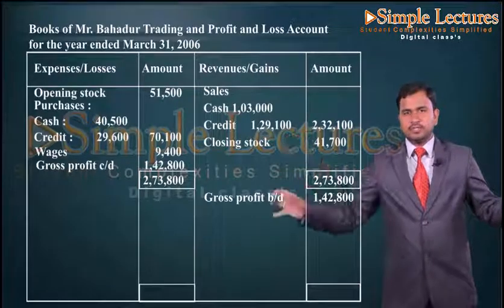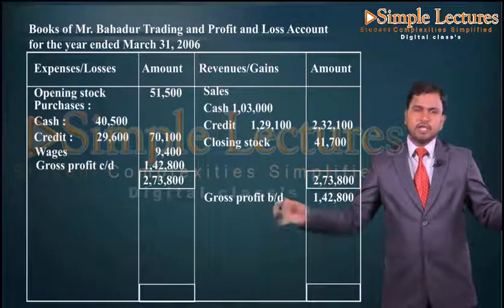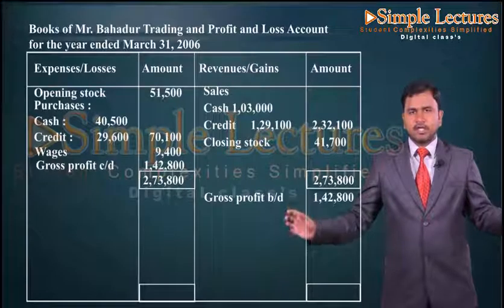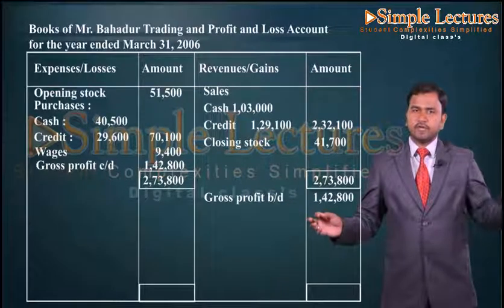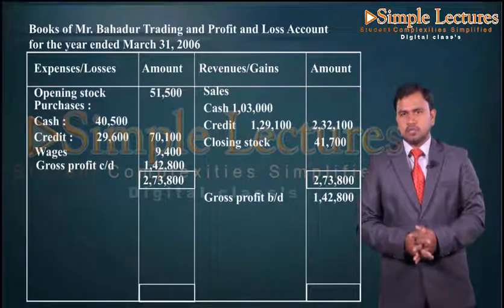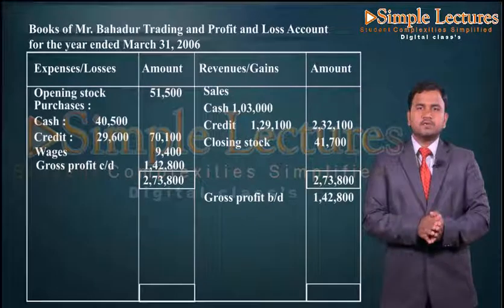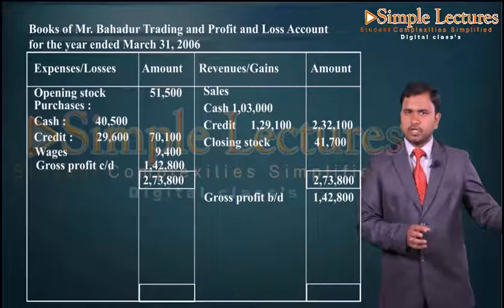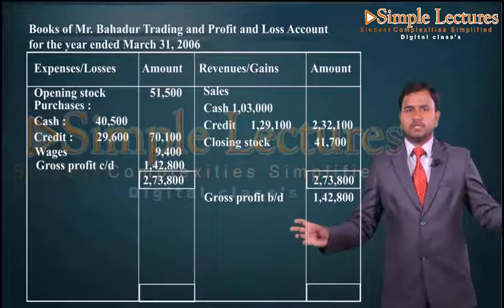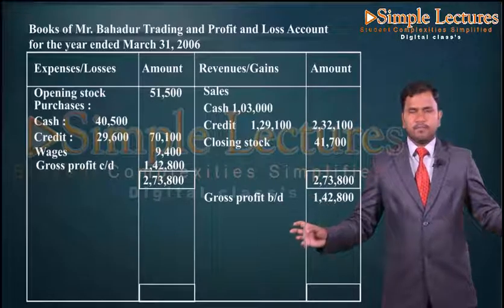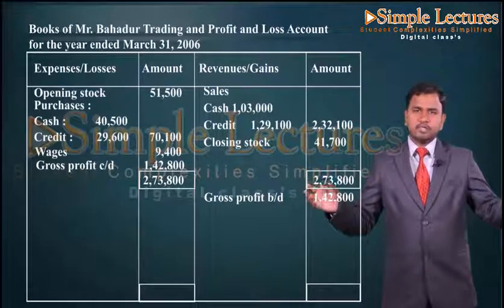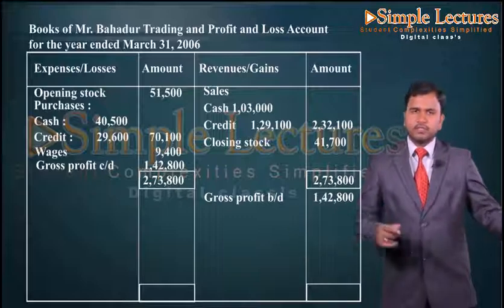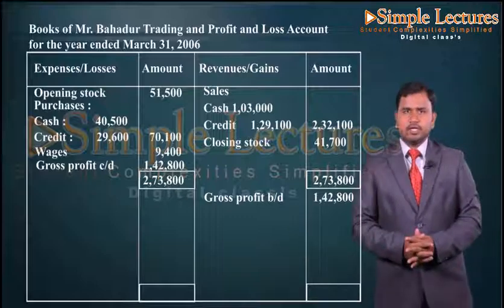We are going to consider all the expenditures here which are indirect expenses. At the end again we are going to find whether our income is more or expenses are more. So the difference will be either profit or loss. If our income is more, again the difference in the debit side will be net profit. If the income is less and expenses are more, the difference in the credit side will be net loss.